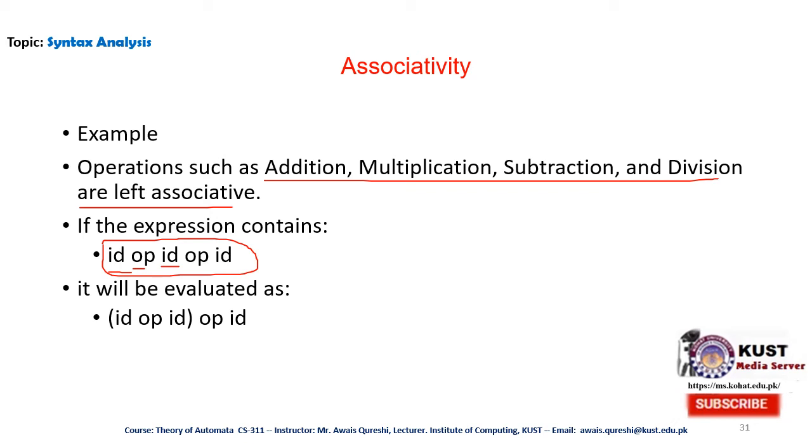We have shown associativity with the help of parentheses. For example, id plus id plus id. Because it is left associative, we take this left part first, and this is the right part. So because this is left associative, we have included this parenthesis.